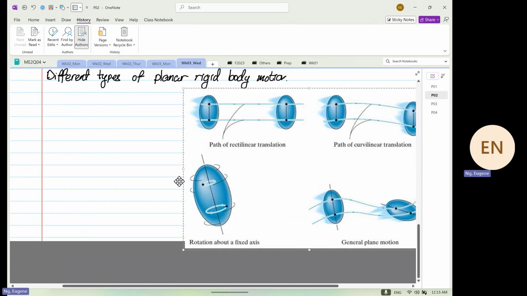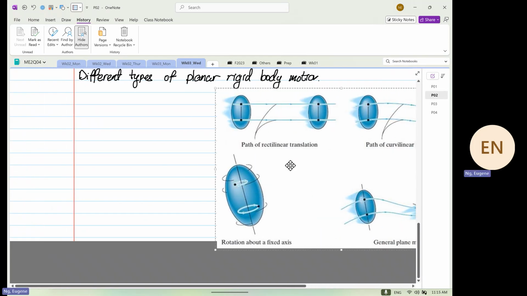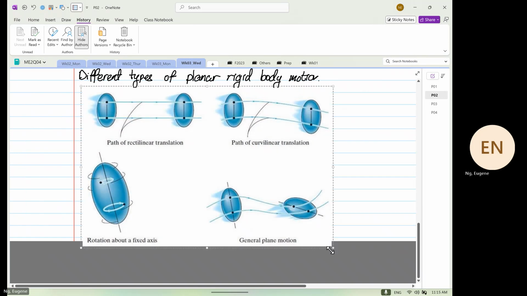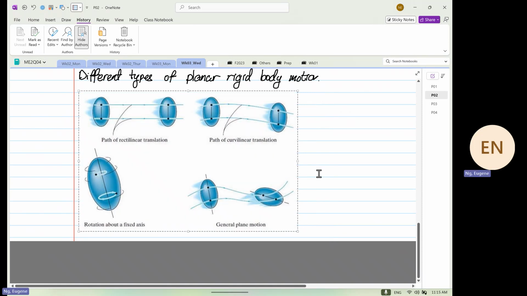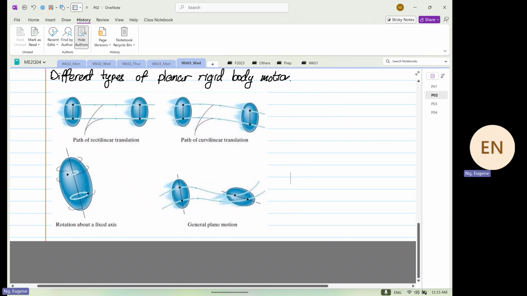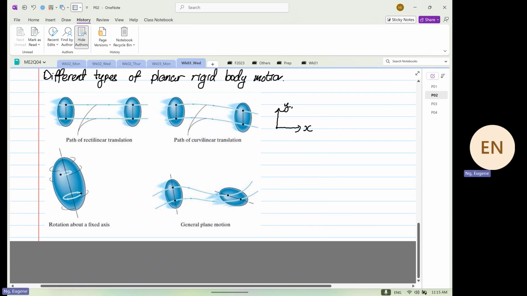Over here are four types of different motion. If I were to draw my transformation, we know planar is on which plane?